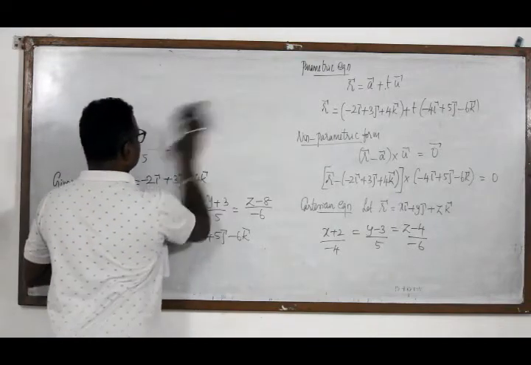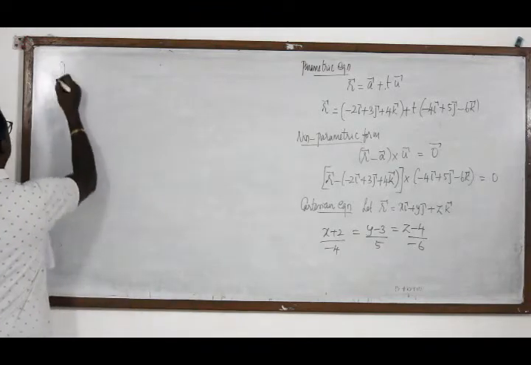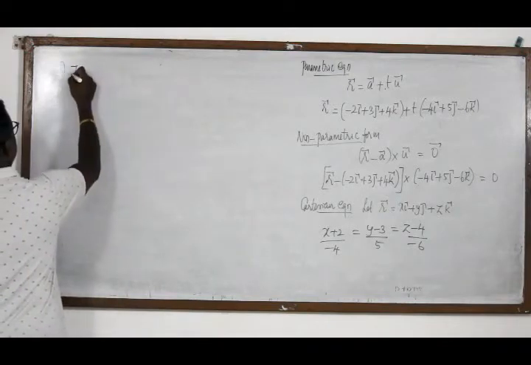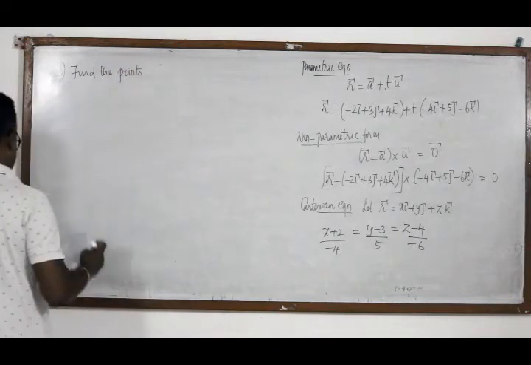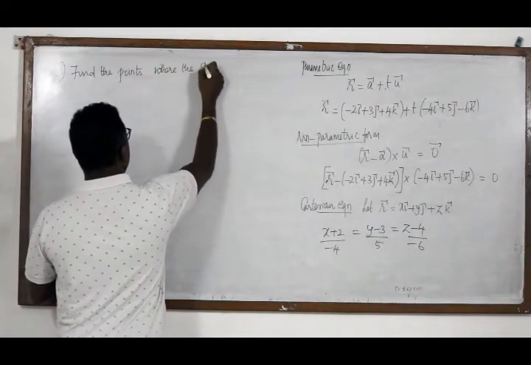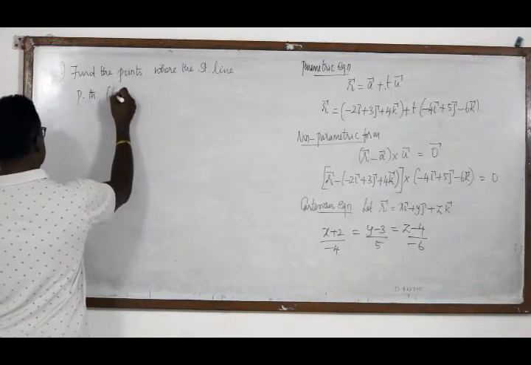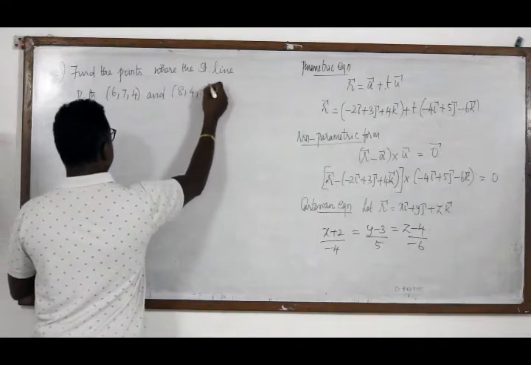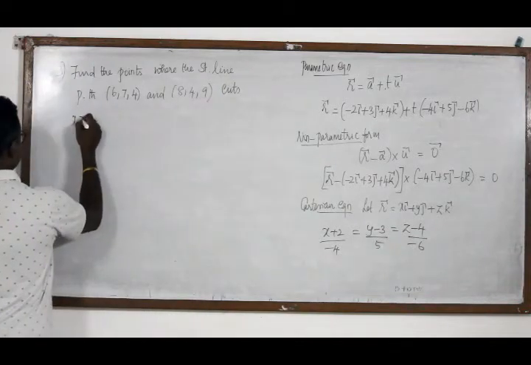Now we shall go for the third problem. Find the points where the straight line passing through 6, 7, 4 and 8, 4, 9 cuts the xz plane.